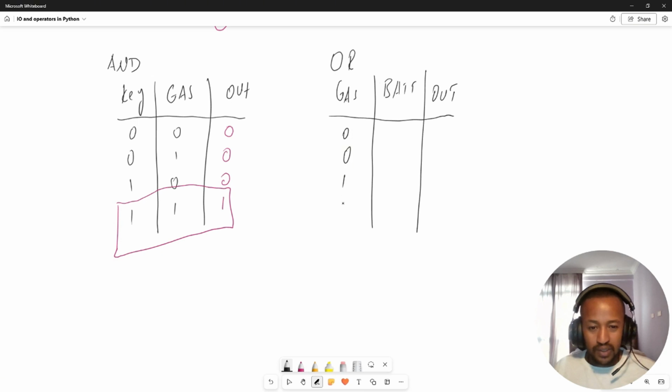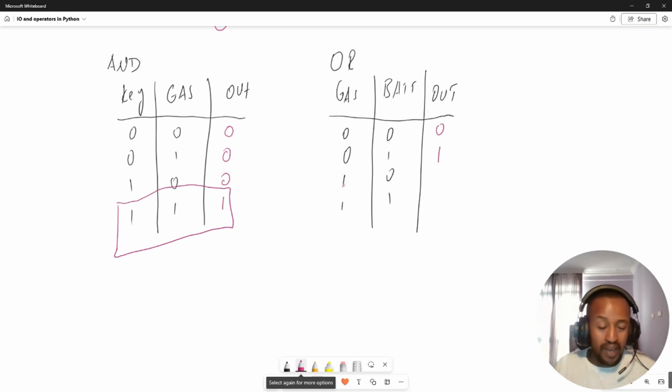Let's write all the situations. We do not have gas and we do not have a battery. The battery is dead. Then we cannot drive the car. We do not have gas, but the battery is there with full power. Then we can drive the car.